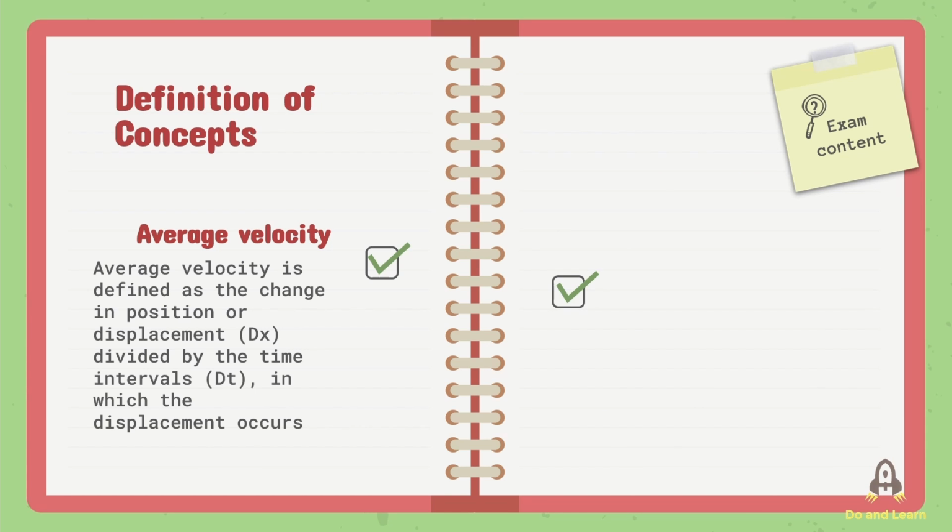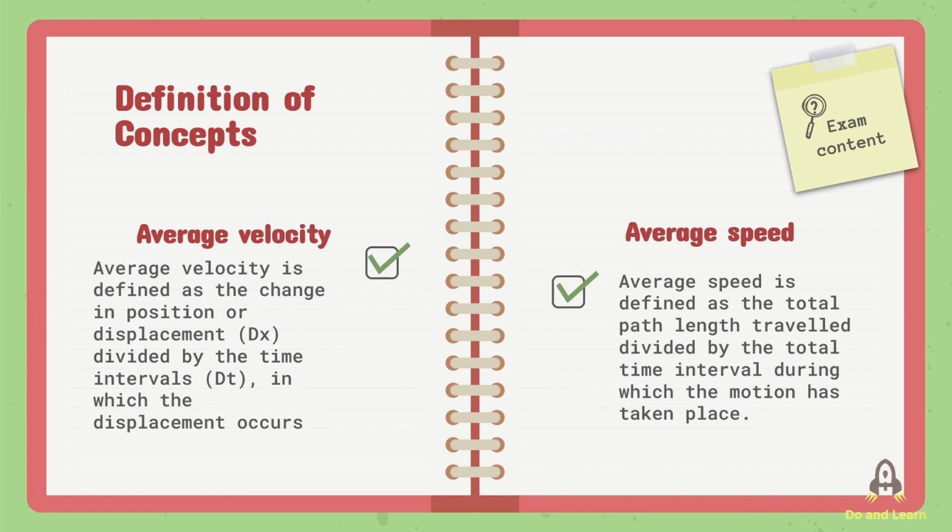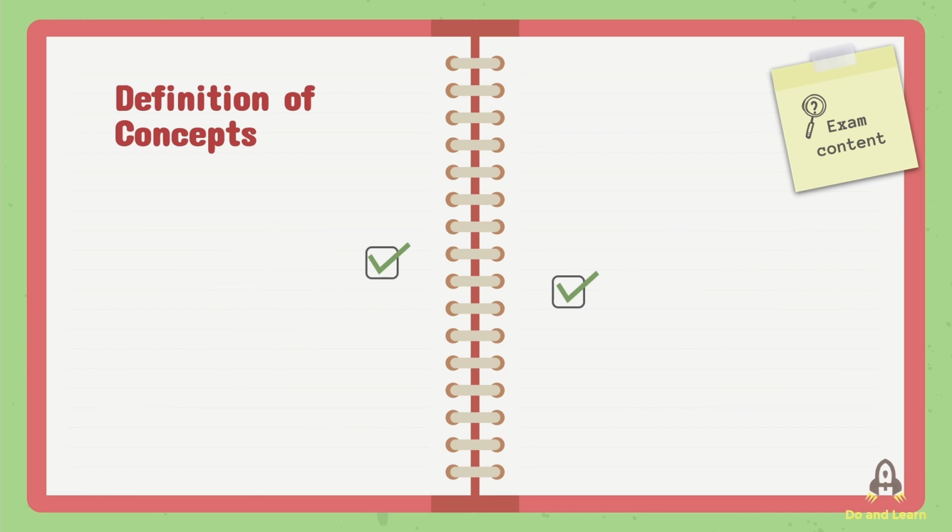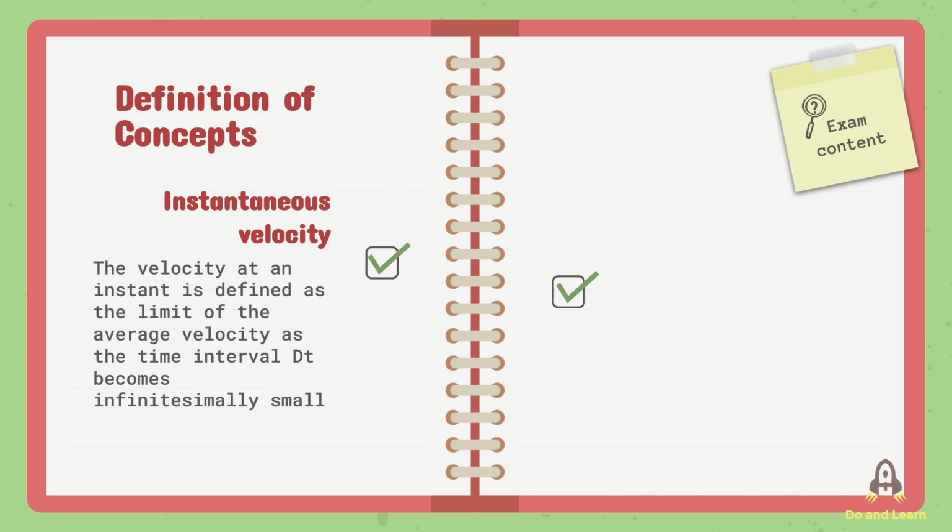Average velocity is the change in position, or displacement, divided by the time interval. Average speed is the total path length divided by total time. Instantaneous velocity is the velocity of an object at an instant, a particular small interval of time, where we limit the time to 0.